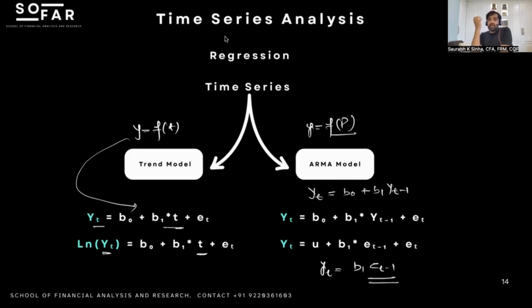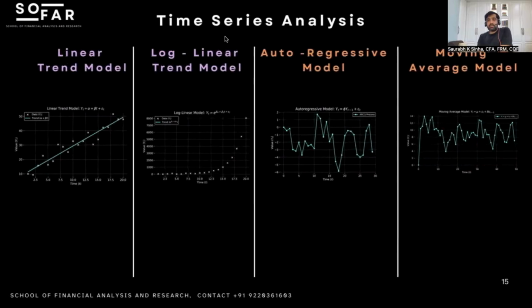Clear? So we are trying to borrow some concepts from regression into time series analysis before even deep diving into time series analysis. So, understood what is white noise and what is Gaussian white noise. It is nothing new. I'm just giving a terminology which we have studied in regression. Clear? Understood?